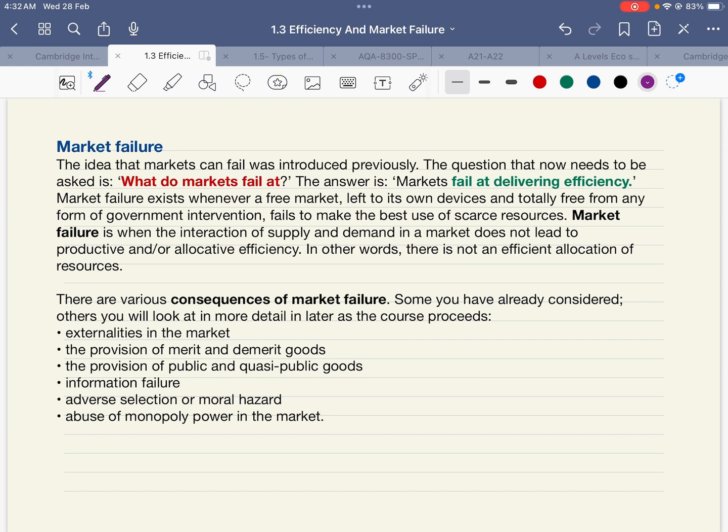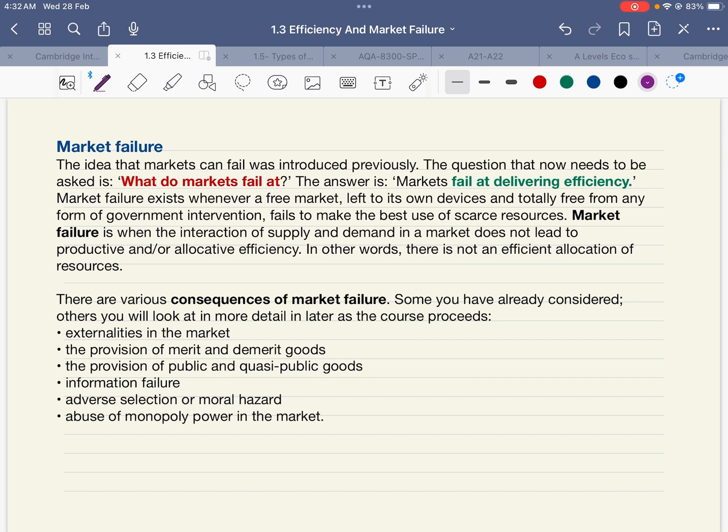Externalities do exist. It means that whatever production operations are being conducted, they do pose an external cost, a negative externality, which eventually leads to market failure. Why market failure?